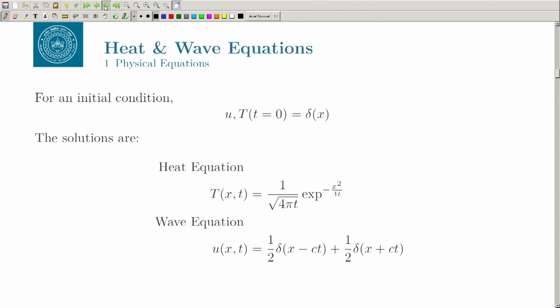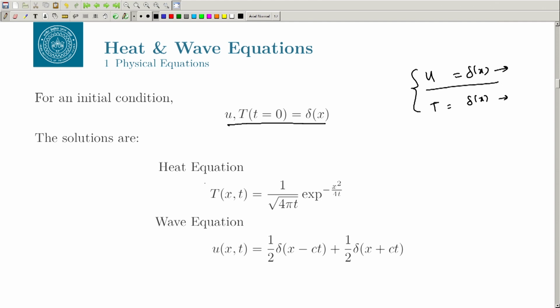Now, let us say I start with a delta function. So, my u is equal to delta(x) for the wave equation, and that is a point source, I am giving a point source in the wave equation. Similarly, I can give the point source in the heat equation also, and if you solve those equations analytically, which is presented in the last slide, the solution will look very different.